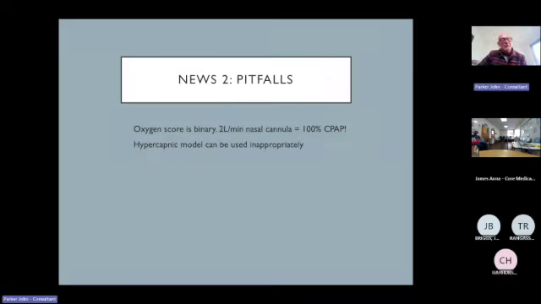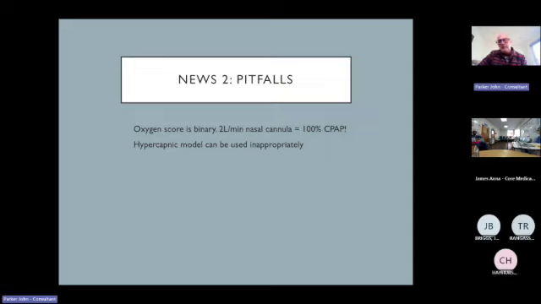Next, there is a hypercapnic model for NEWS 2, which essentially scores saturations of 88 to 92 as normal saturations, and anyone on lots of oxygen scores inappropriately. So if somebody doesn't have chronic hypercapnic CO2 retention and gets put on this model, their NEWS score will be underscoring how sick they are.